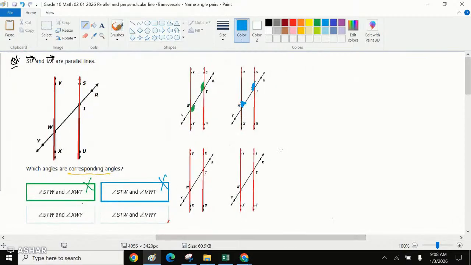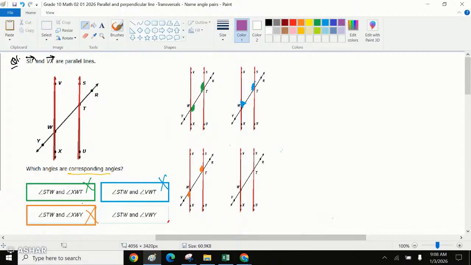So again, moving on. Let's look at the third option. STW, where is STW, this angle, and XWY, that is X, W and Y, this angle. Still we cannot see a formation of the F alphabet, right?